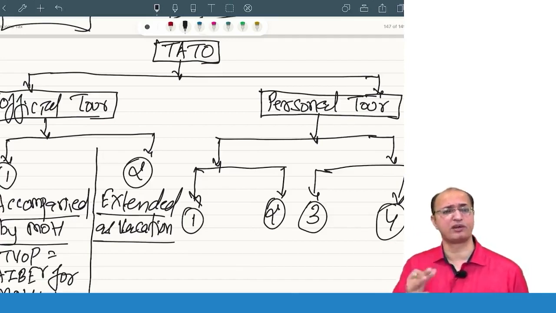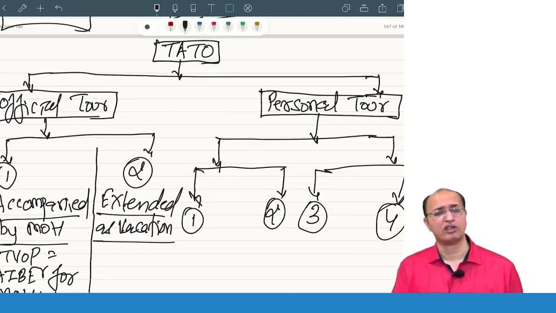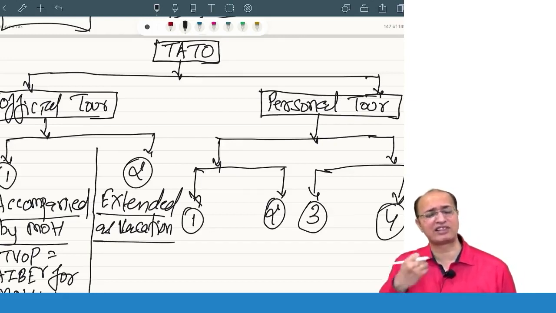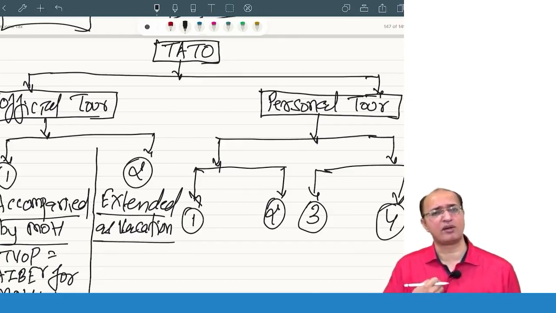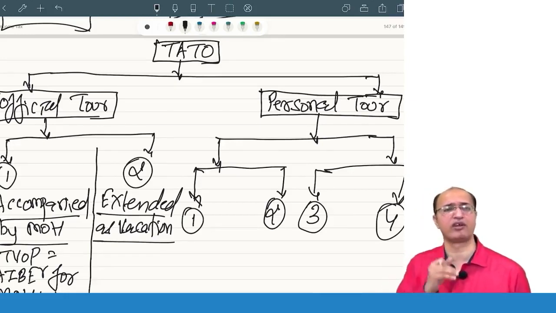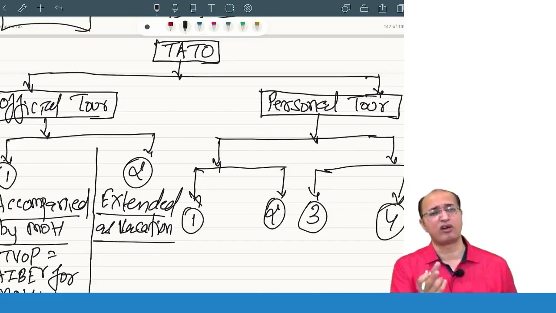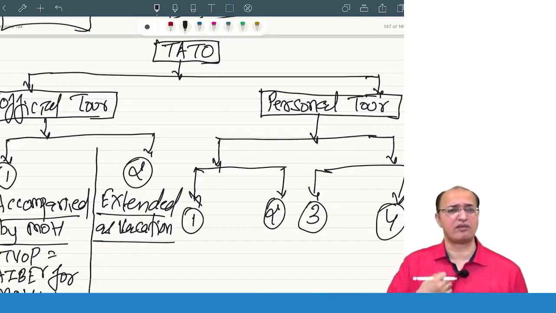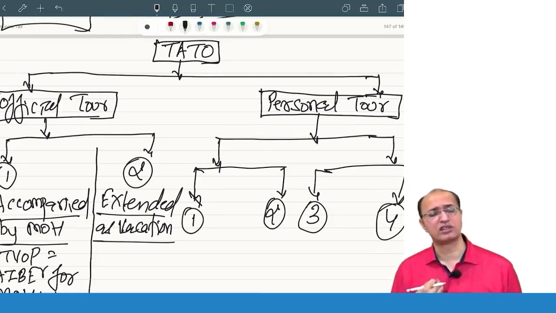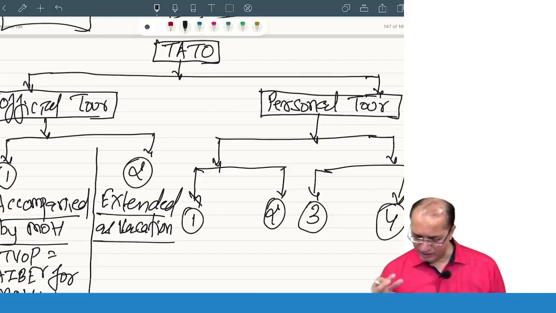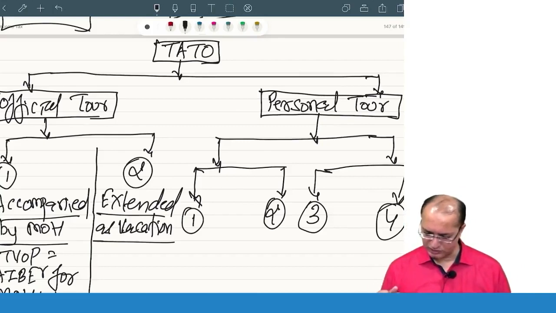Both costs are a personal advantage because I am on a personal tour. I was on an official tour, but now that official tour is extended as vacation for 2 days. So I am on a vacation, and my spouse is also on a vacation. For those 2 days, whatever cost Inside Commerce Studies has incurred is a personal advantage to me and should become taxable to me. Have you understood the example? Yes?